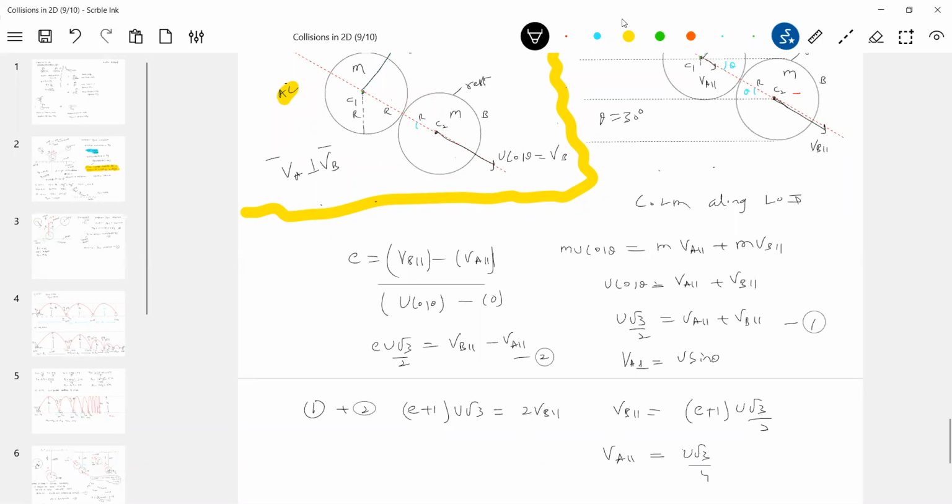Yes, sir. e plus 1 into u root 3 by 4 we'll get for VB parallel. Okay, 4 will be there. Anybody, VA parallel? It is 1 minus e, sir, into u root 3 by 4.